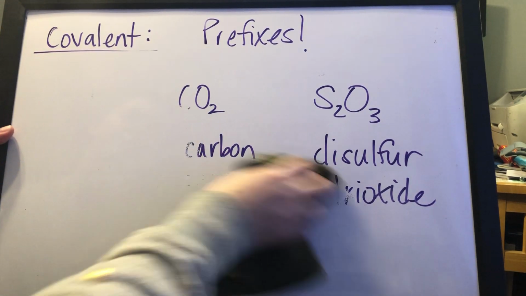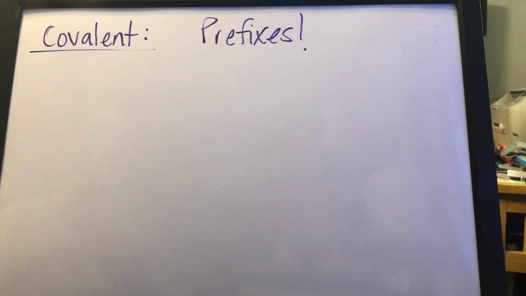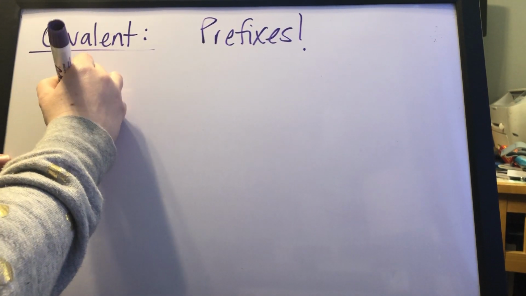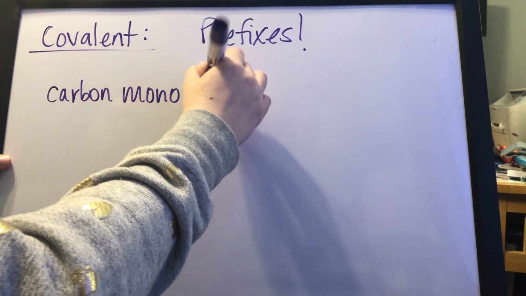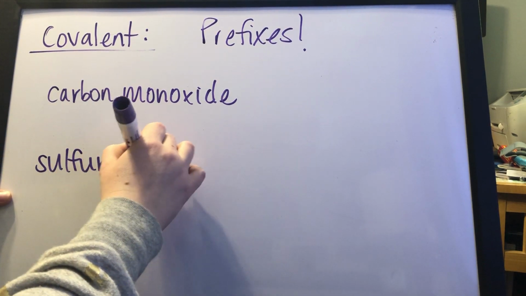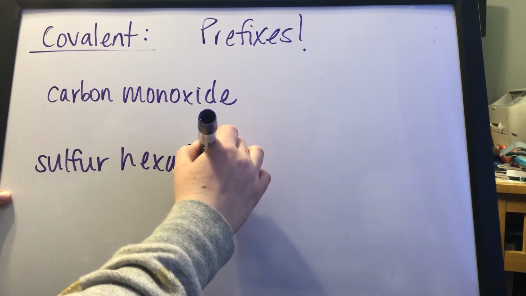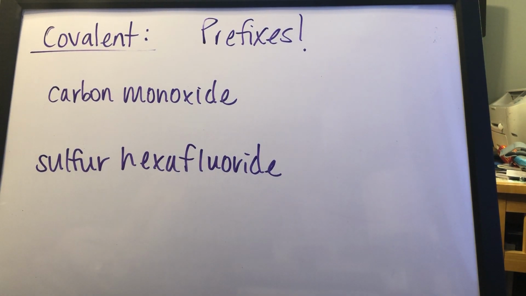And then the easiest part of all is writing formulas for covalent. So do a couple examples and then that's it. Okay, so there's no charge balancing needed, and in these ones all we have to do is think about what the prefixes mean and how many atoms we have.